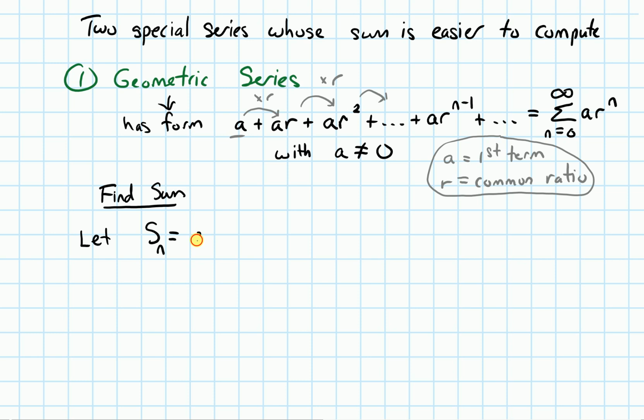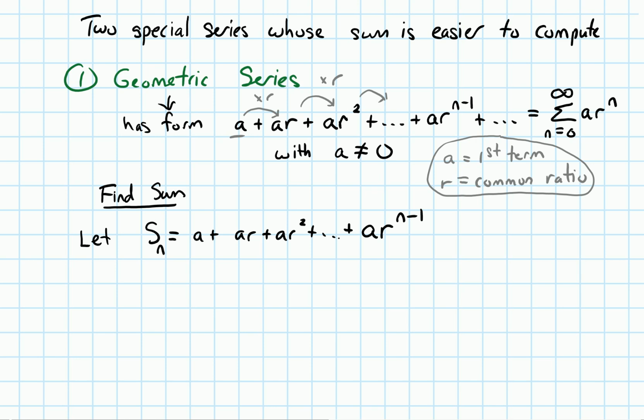So S sub n would be a plus ar plus ar squared plus dot dot dot, and eventually I'd get to ar to the n minus 1. I stop at r to the n minus 1 because the very first term is a times r to the 0. That's why I have to end at n minus 1, because the very first exponent is 0, not 1. So that is S of n.